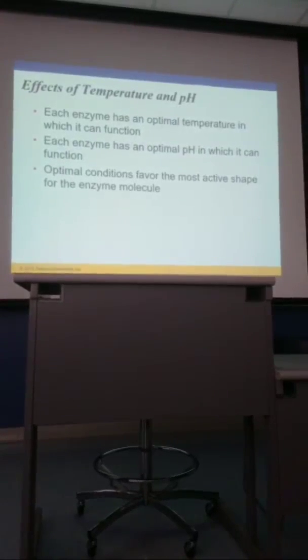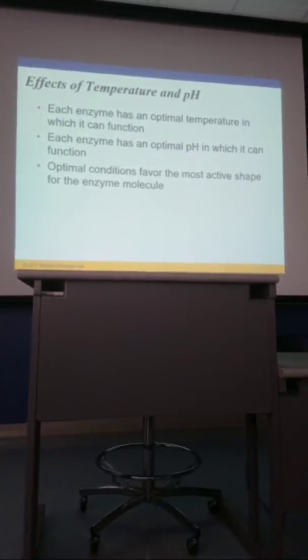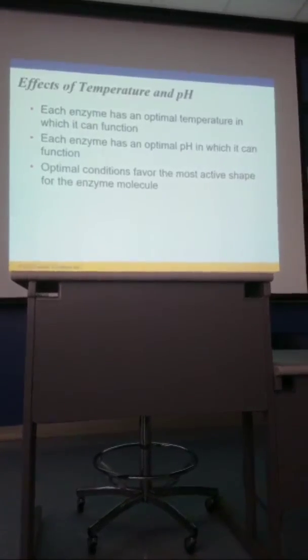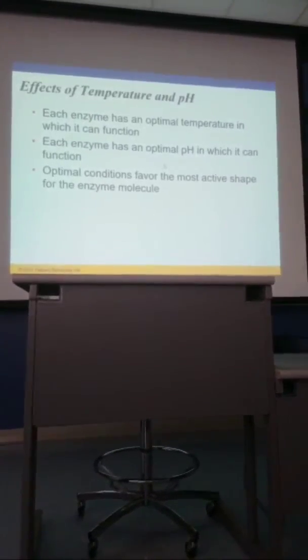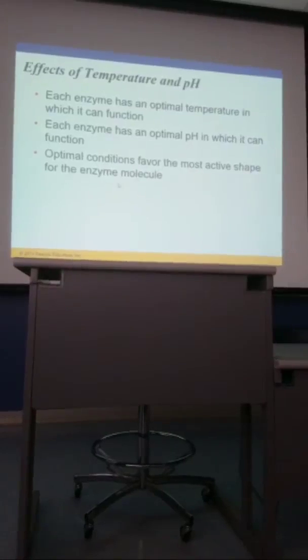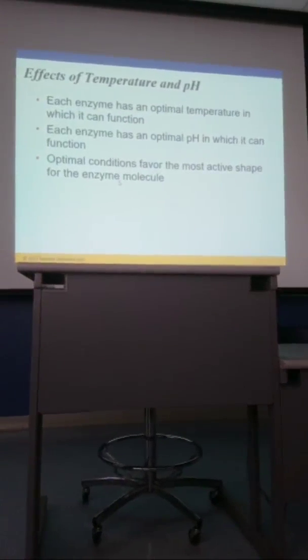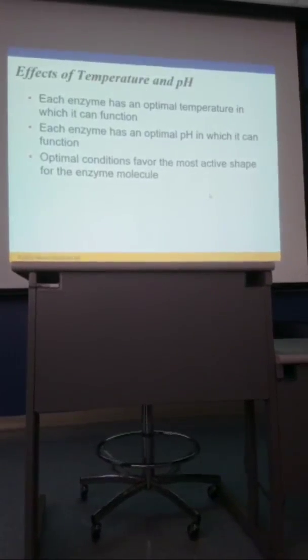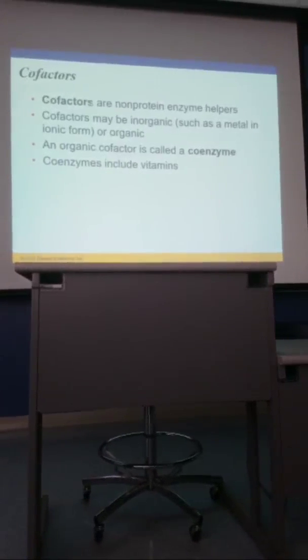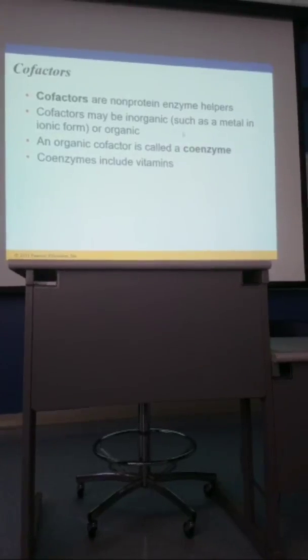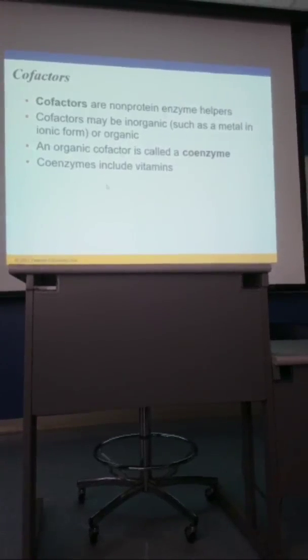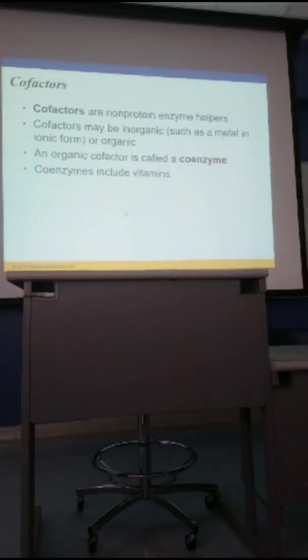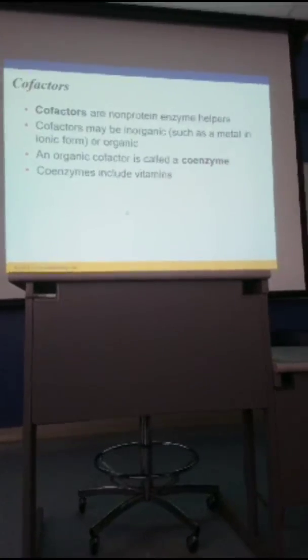And as we said, each enzyme has its optimal temperature. It has an optimal pH. It has optimal conditions in which to operate. And cofactors are important. These help the enzyme, like a light switch, off or on.